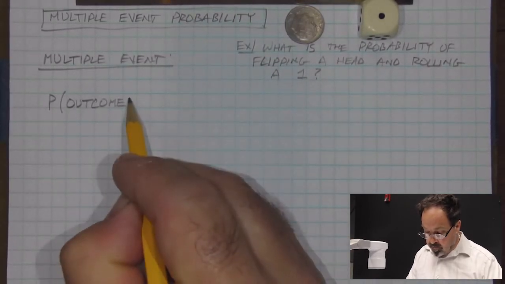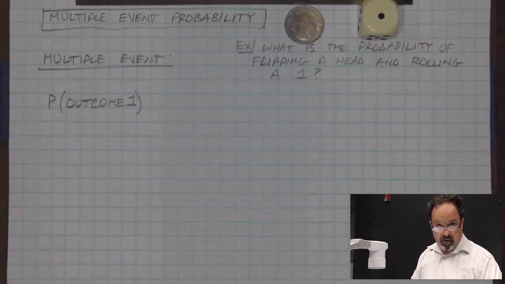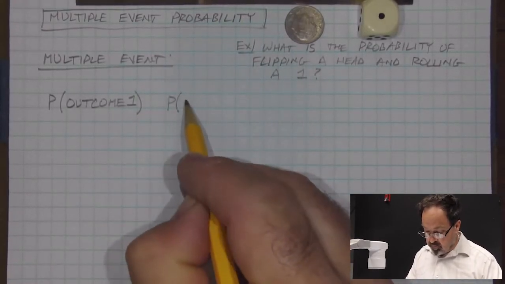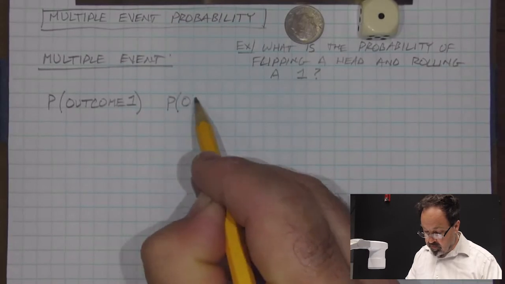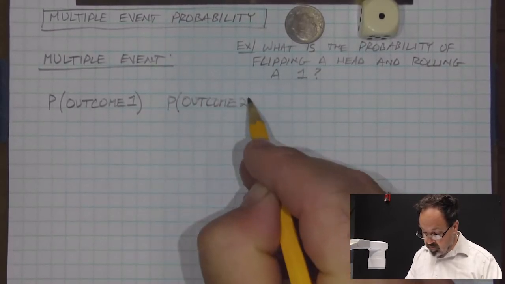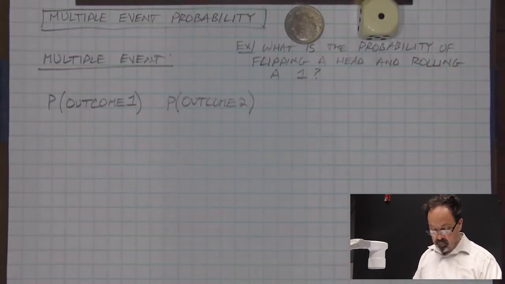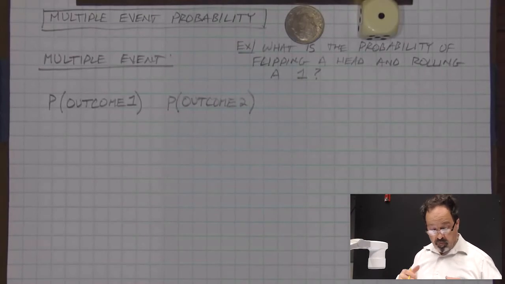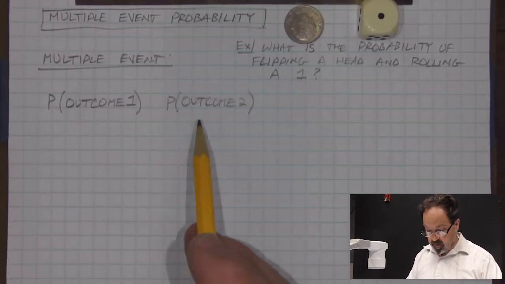But we call it probability of outcome 1 because there could be another event and another probability calculation with a different experiment, different outcome. So this notation is for two separate events, event 1 and event 2.